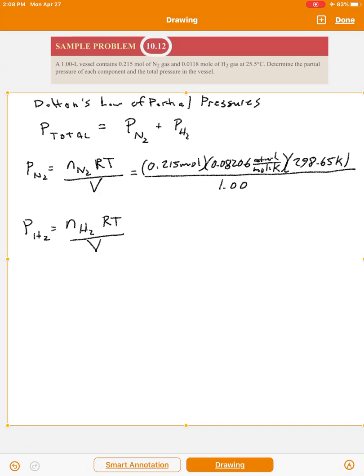It's always nice when one of the variables or one of the properties is 1. It's even nicer when two of them are 1. Okay, what about for the hydrogen? nRT over V, right? So for n, it's smaller, 0.0118 moles, times the R constant, 0.08206.